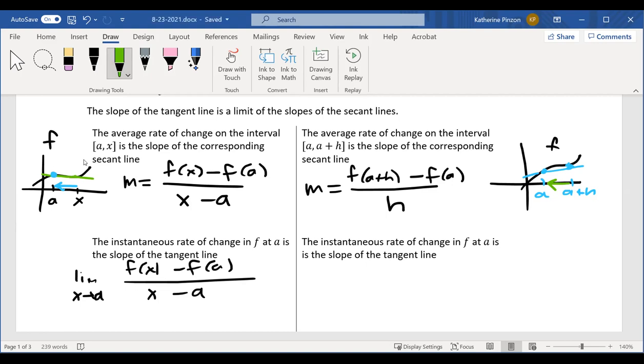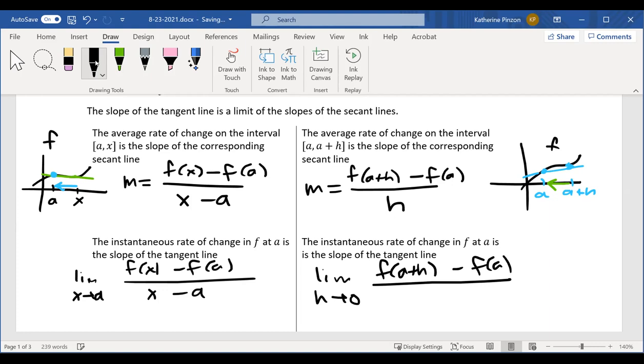Gets smaller and smaller, closer to 0. So as this point, a plus h, gets closer to A, this value of h goes to 0. So instead of taking a limit as x approaches A, I'm going to take the limit as h approaches 0 of this expression.